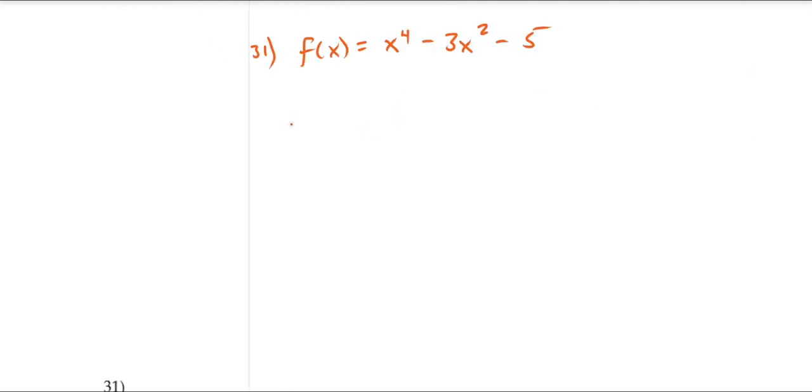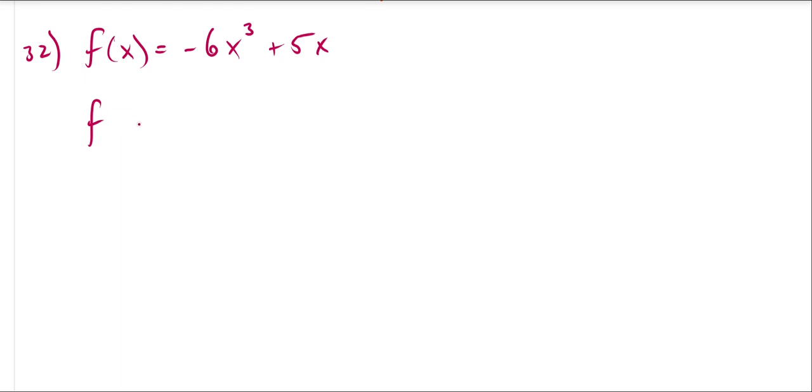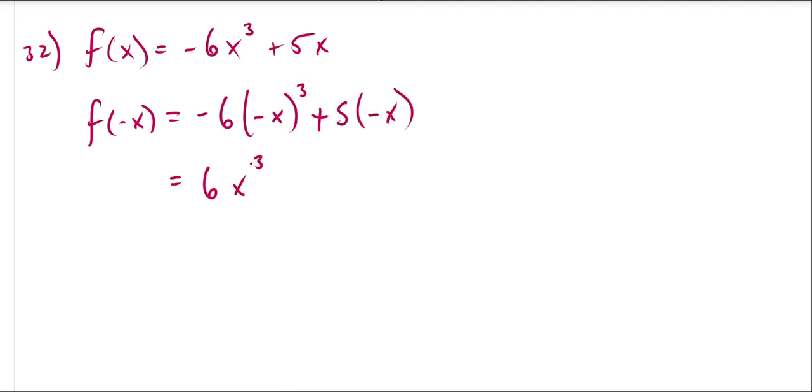If we take the rules for 31's f of x and we plug in -x, let's see what we get. Notice that the only powers we're taking here are even ones, and so that's going to kill these negative signs. And this is in turn exactly f of x again, and so that tells us that this one is even. On the other hand, for 32, if I plug in -x into the rules for f of x, all of these odd powers are going to keep those negative signs, which changes the sign here and here.